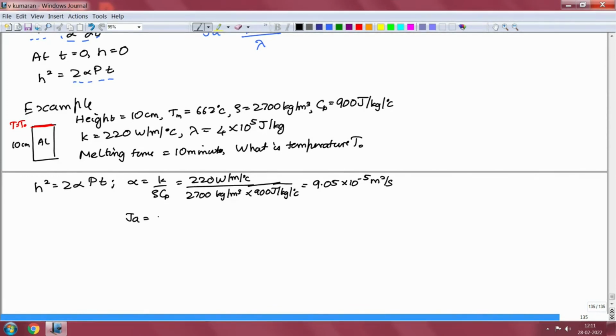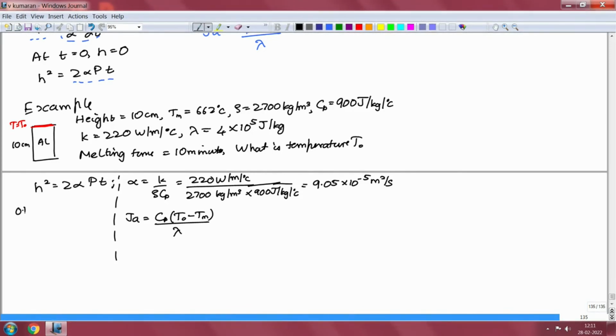Jakob number is equal to Cp into T naught minus Tm by lambda. We do not yet know what the temperature is. However, what we do know is that h square has to be equal to 2 alpha times p times t, and h is 0.1 meters, it is 10 centimeters.